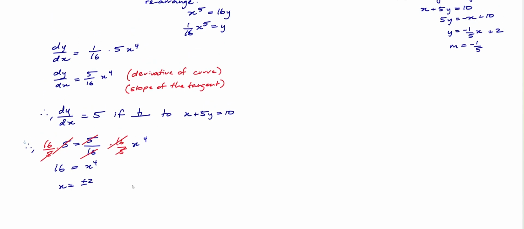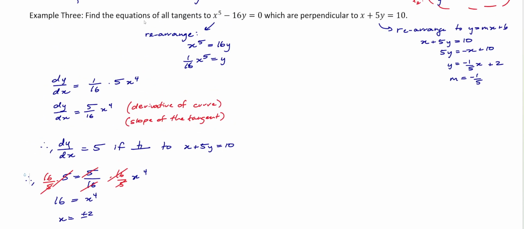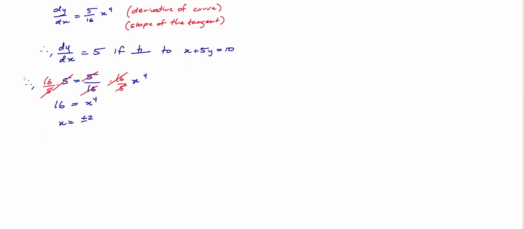So again, we see there are two x values where the tangents are perpendicular to x plus 5y equals 10. That means I've actually got two possible lines.